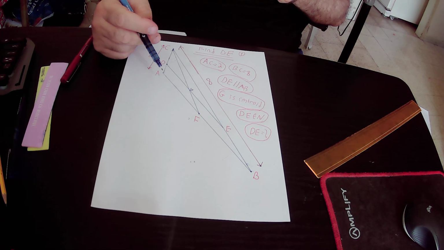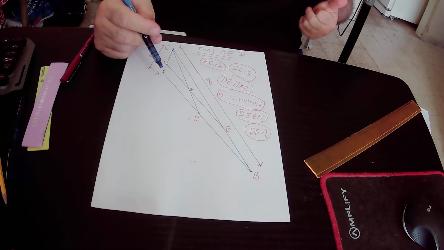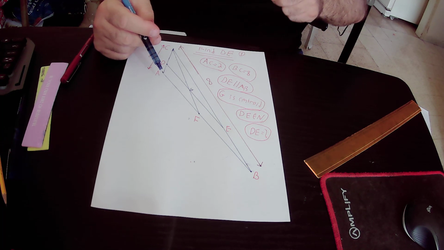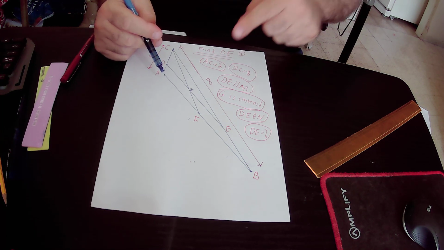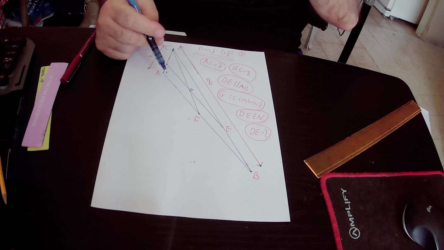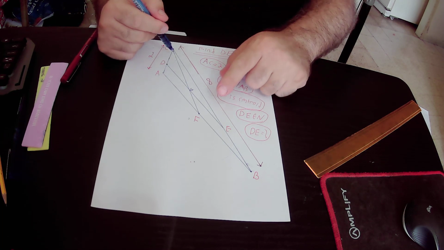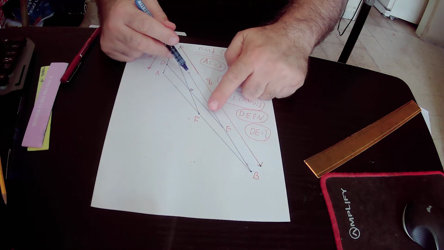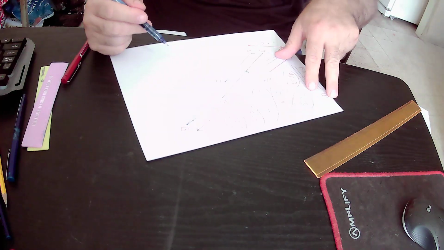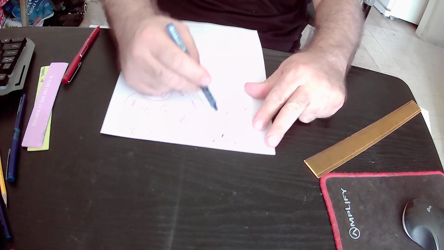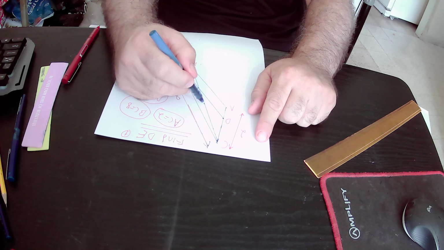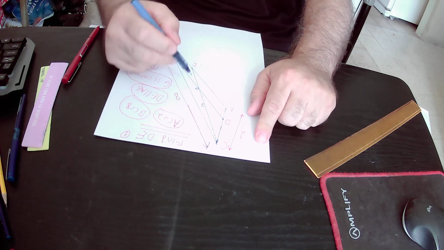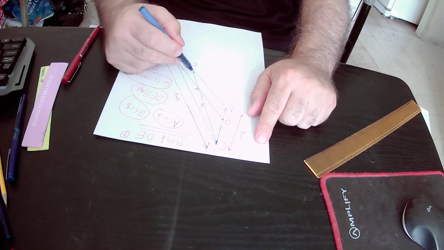Therefore, according to the rule that I mentioned, the centroid G divides the median CF in a ratio of 2 to 1. That is to say, if CG equals 2 units, then GF will be equal to 1 unit.